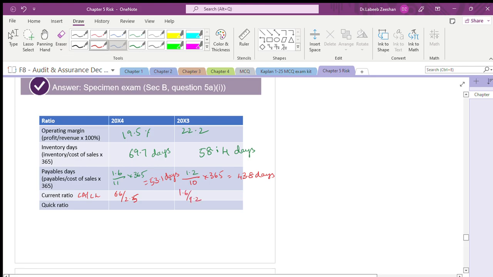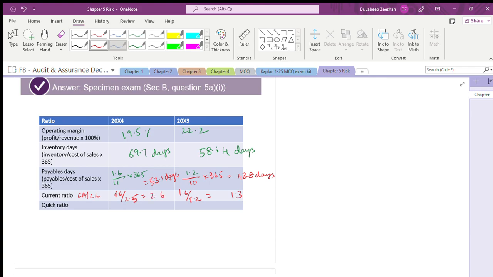How much will you get? 2.6. Next, 1.3. So 1.3 and 2.6. Fine.